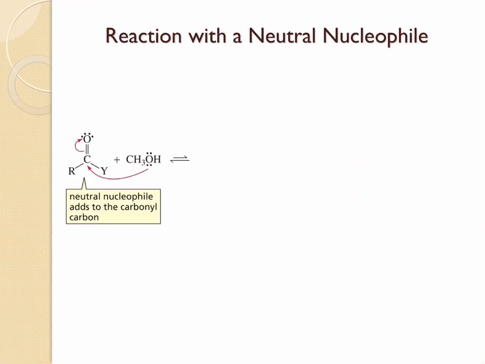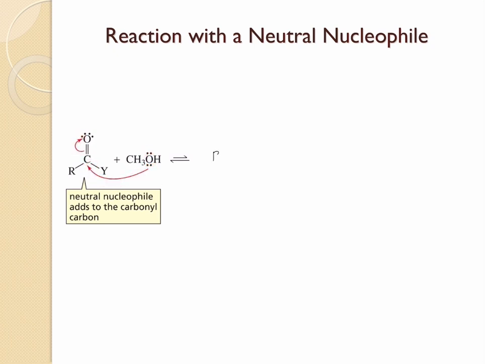But when you have a neutral nucleophile, there is one more step, which is the deprotonation of the tetrahedral intermediate. Let's see what's happening here. Here we are going to take methanol. As you can see, this is a neutral nucleophile, and the lone pair of electrons present on oxygen is going to make a nucleophilic attack on this electrophilic carbon, thrusting these electrons onto oxygen.